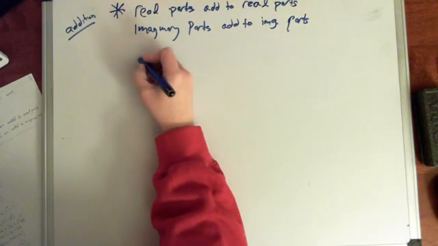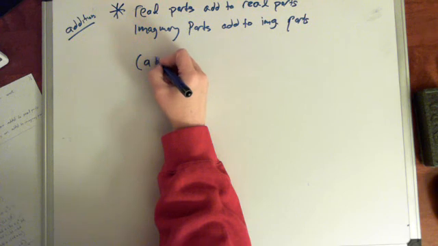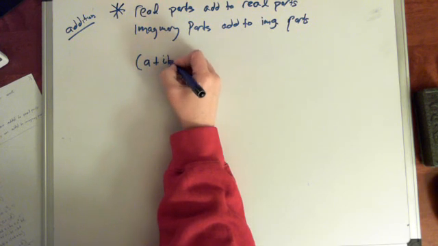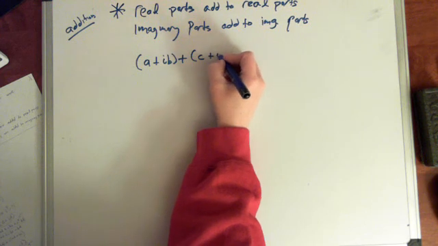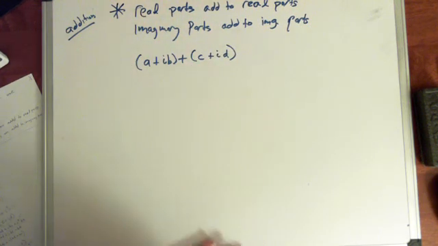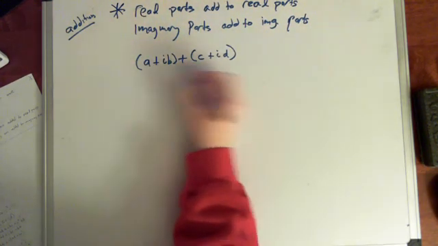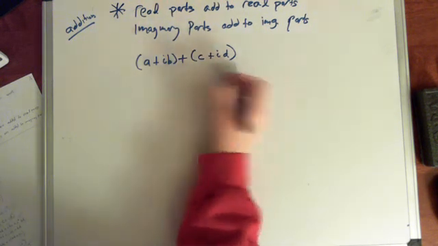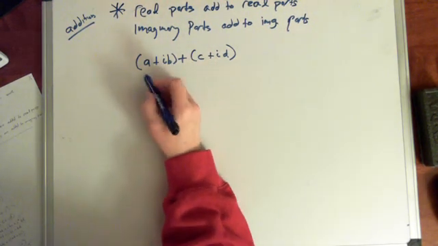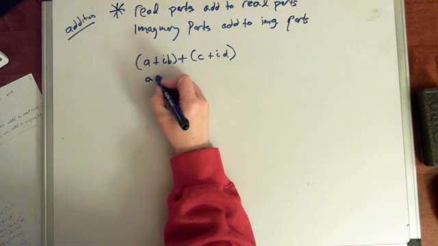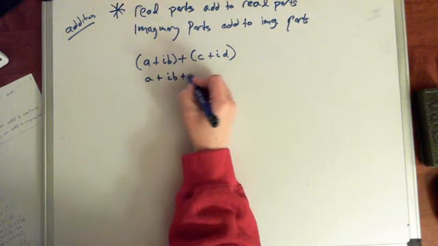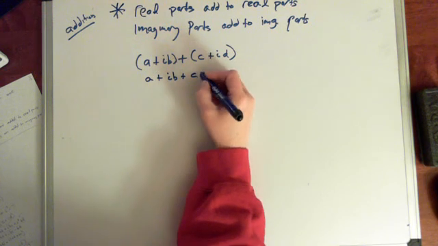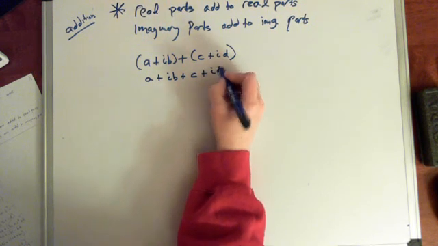So let's look at it. If we have a plus ib plus c plus id, and we want to add that, let's write this out as we go through it so we can see what we're doing. So this is the same as saying a plus ib plus c plus id.